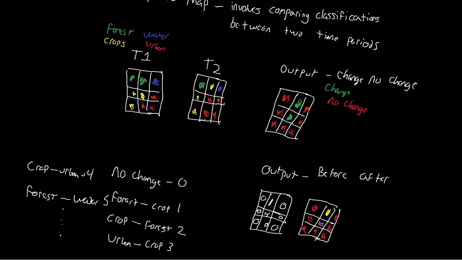You'll see something like no change, crop to urban, and then yellow was forest to crop.